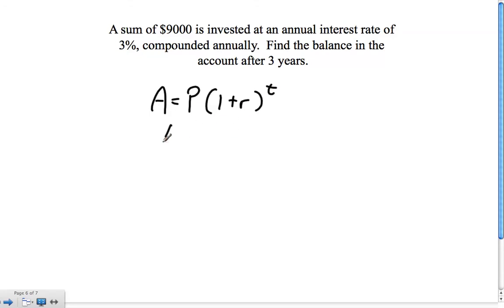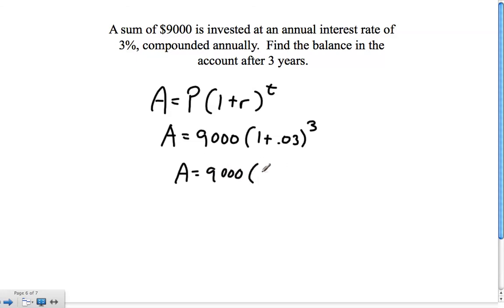I'm looking for the balance, which equals my principal amount of $9,000, times 1 plus my percent of interest, 3. Remember we have to divide that by 100, so it's 1 plus 0.03 raised to the t power. That's 3 years. You can clean this up and write 1.03 raised to the third power, and then we let our calculators do the work from here.